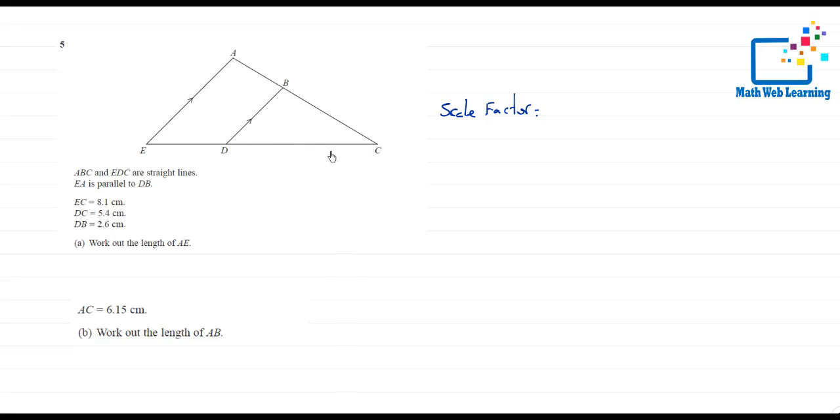These are the two triangles, and so we've got EC, which is 8.1, and you divide it by DC, the other corresponding side to EC of the triangle DBC, which is 5.4. The best way is to actually draw them separately, the two triangles. You can see the corresponding sides and so on.